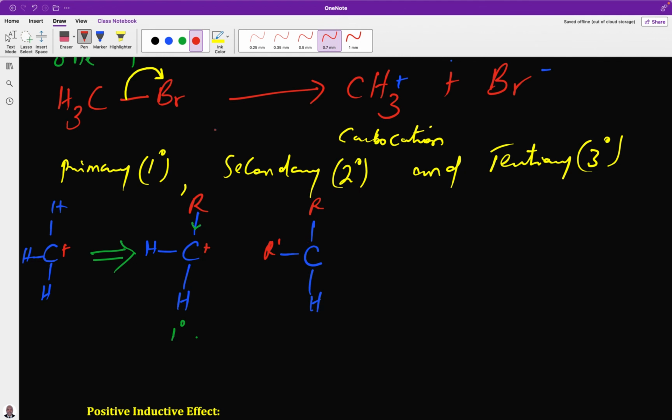The arrow shows the movement of electrons towards the positively charged carbon atom. Thirdly, when the third hydrogen atom is substituted by an alkyl group, it results in a tertiary carbocation. And this is how it goes.